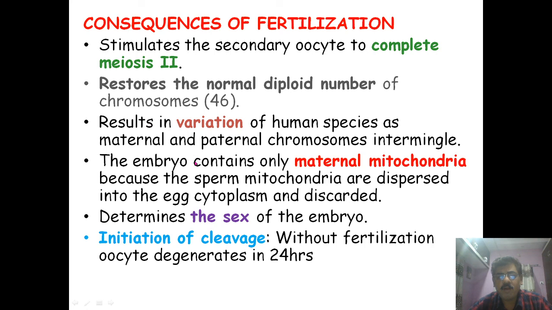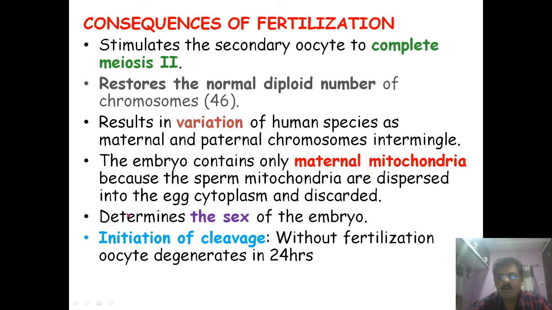During fertilization, it brings about recombination, which is a cause of variation in the human species, as maternal and paternal chromosomes intermingle. The embryo contains only maternal mitochondria because the sperm mitochondria are dispersed into the egg cytoplasm and discarded.